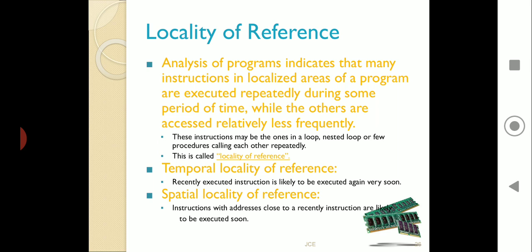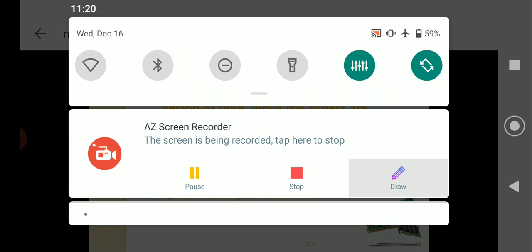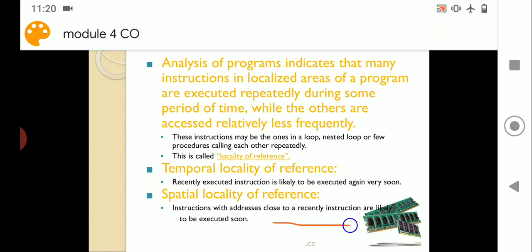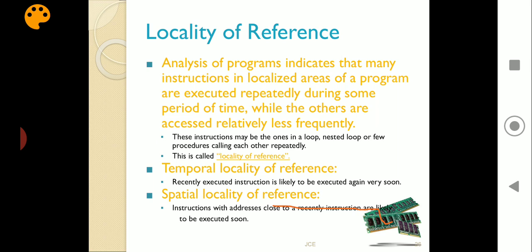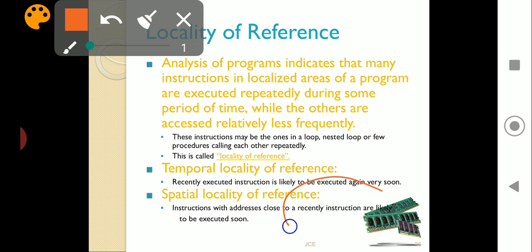As you can observe in the slide, instructions with addresses close to recently executed instructions are likely to be executed soon. That means the instructions very close to the recent instructions can also be executed.